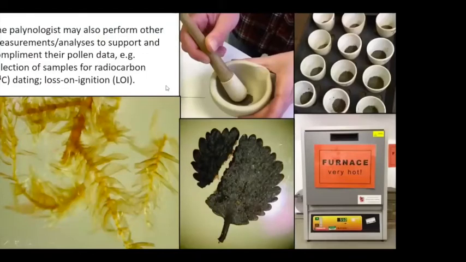Before we look at the objects in a little bit more detail, just note that palynologists may also perform other measurements or analyses to support or complement the pollen data.